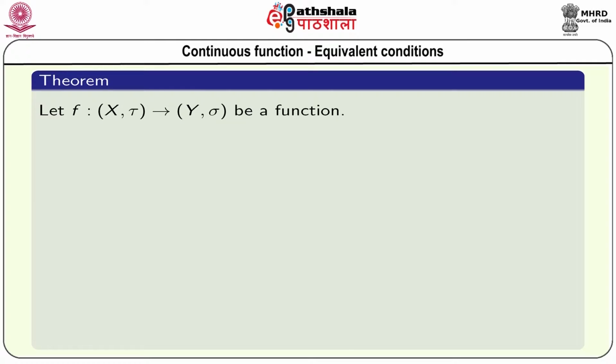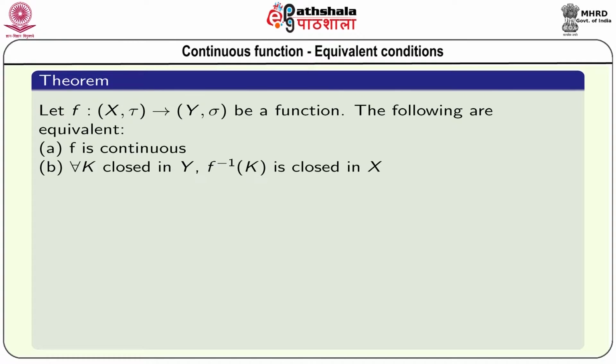Now, we state without proof several equivalent conditions for a function to be continuous. Suppose f is a function from (X, τ) to (Y, σ), then the following statements are all equivalent.